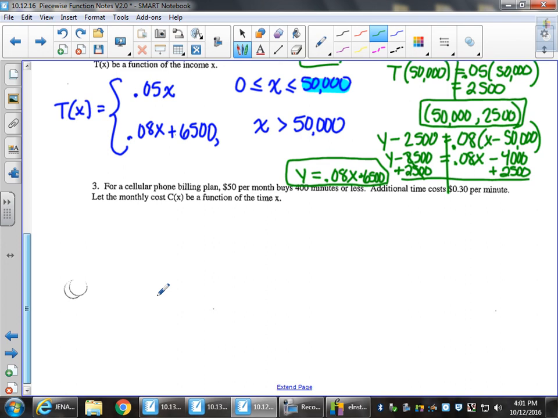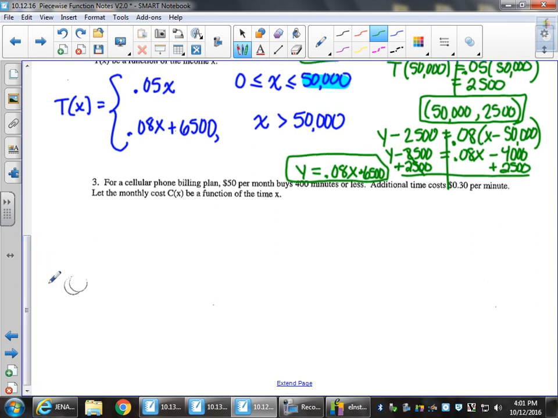Number 3 says, for a cellular phone billing plan, $50 per month buys 400 minutes or less. Additional time costs 30 cents per minute. Let the monthly cost C of X be a function of the time X. So let's talk variables. X is given to me as time.